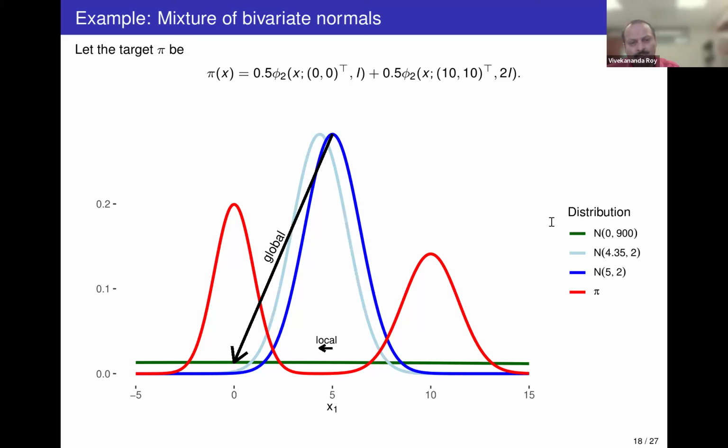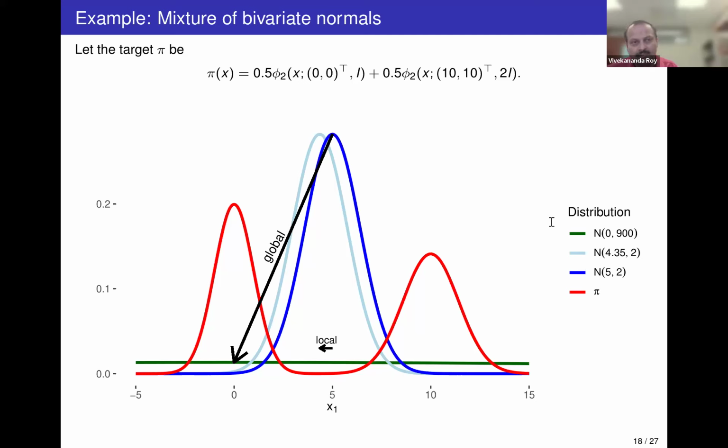Normal 5, 2. In the random walk, I'm making localized moves. So after a few iterations, I go to say 4.35. So that's my light blue curve. I'm making a local move, and that's why when it goes to a mode, it just can't come out of the mode.